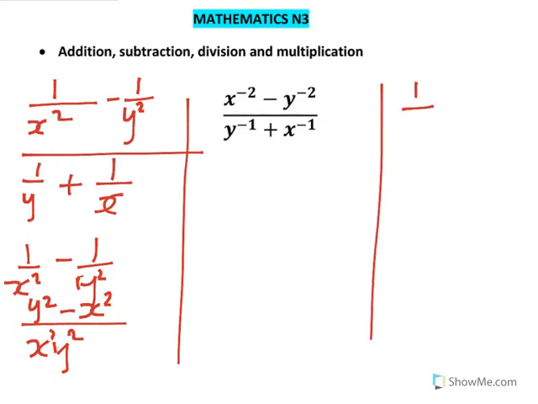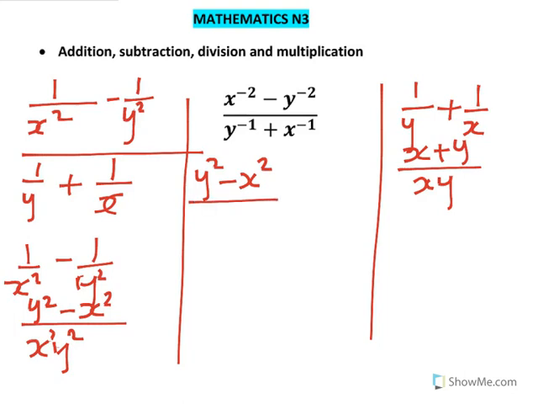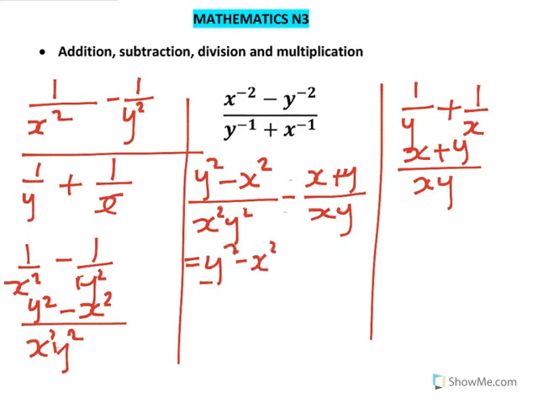And the other side, 1 over y plus 1 over x, you have xy as the common denominator. y into xy, you'll have x plus y. So if you pull this all together, you are going to have y squared minus x squared over x squared y squared, divided by x plus y over xy, which is equal to y squared minus x squared over x squared y squared times xy over x plus y.